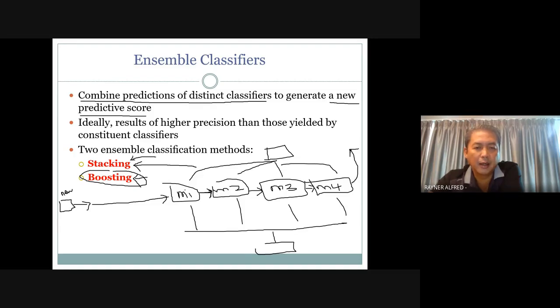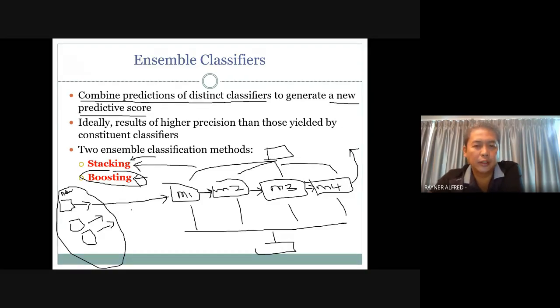But the weightage for each of the documents in the pool here, we have a few documents here, will be changed according to whether they are classified correctly or not.